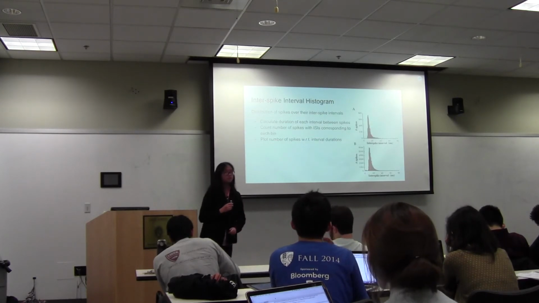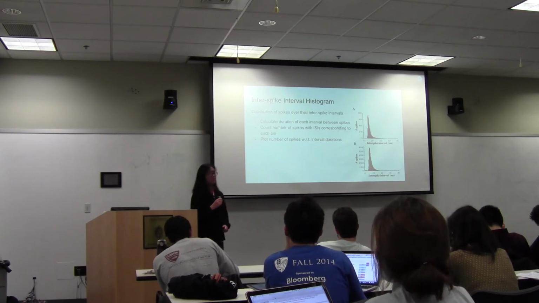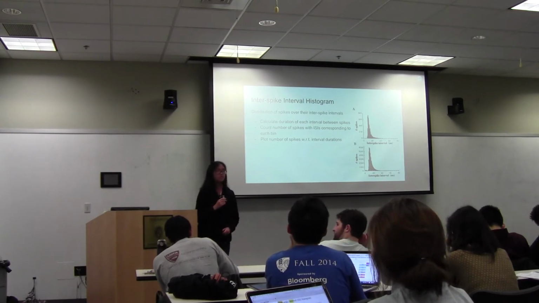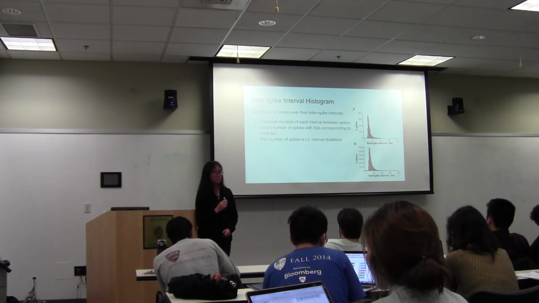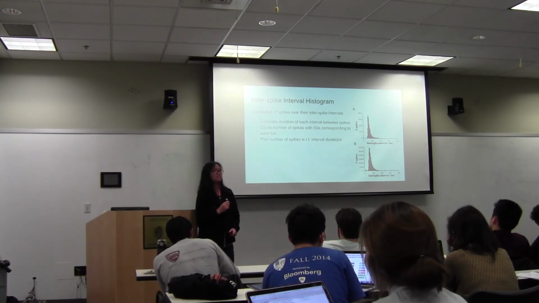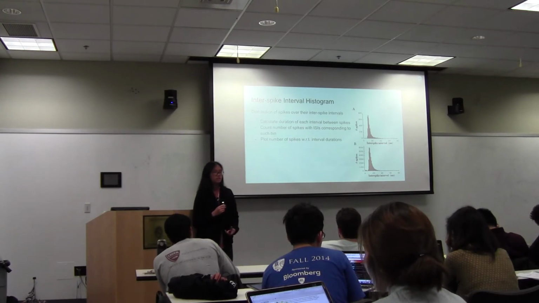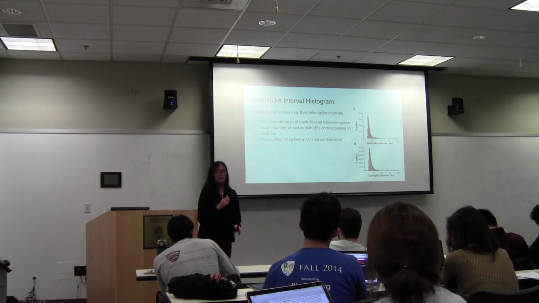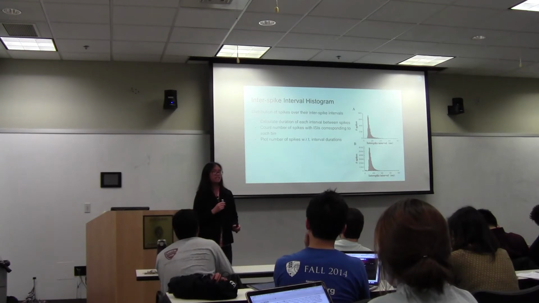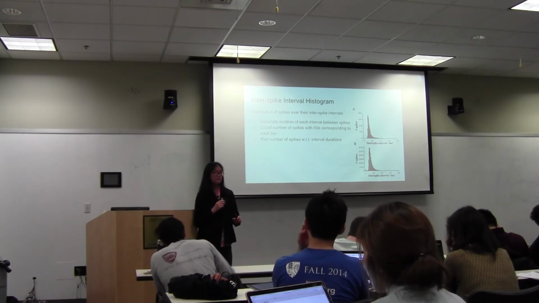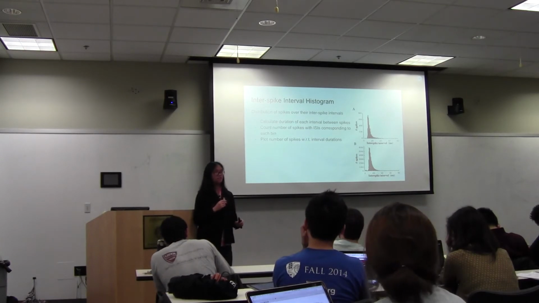Then you also need to know the interspike interval histogram, which now, instead of your x-axis being time after your stimulus, is the length of your interval between your spikes. So this time, instead of simply counting when your spikes are occurring, you need to first calculate the length between each spike.